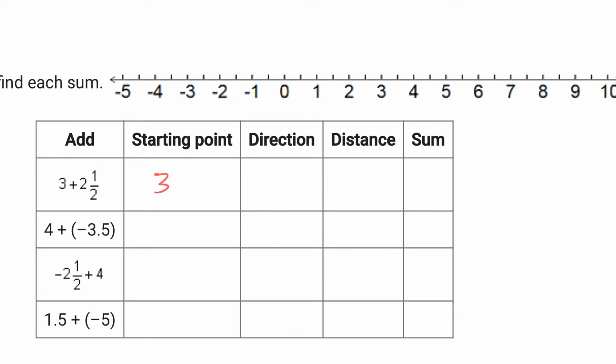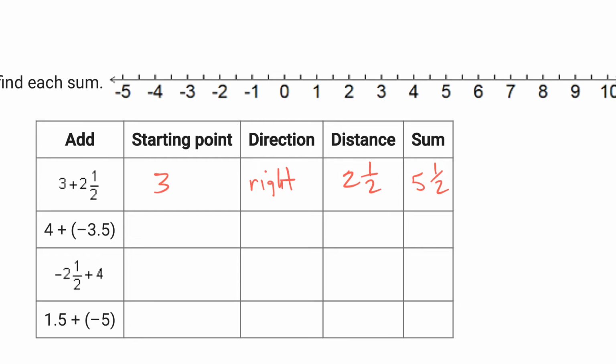The direction is to the right, and I know this because that's a positive 2.5. And the distance I'm going to go is 2.5. That's the distance right there. And so that sum is going to be 3 plus 2.5, which is going to be 5.5.